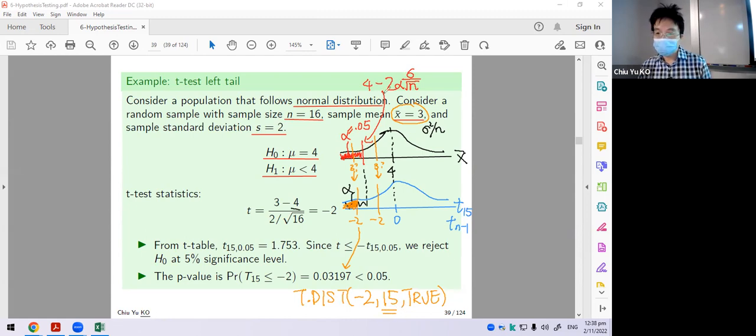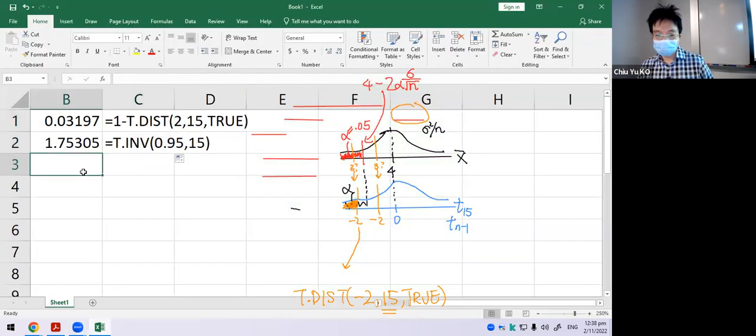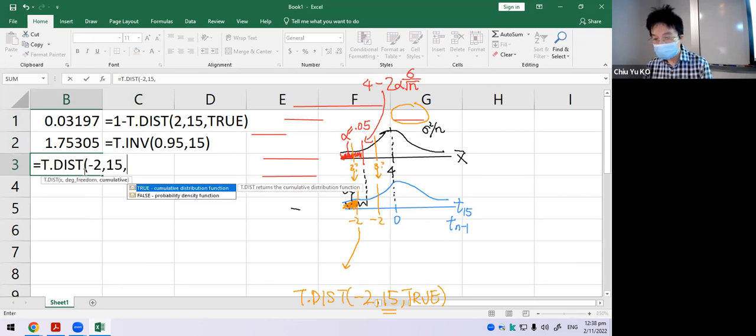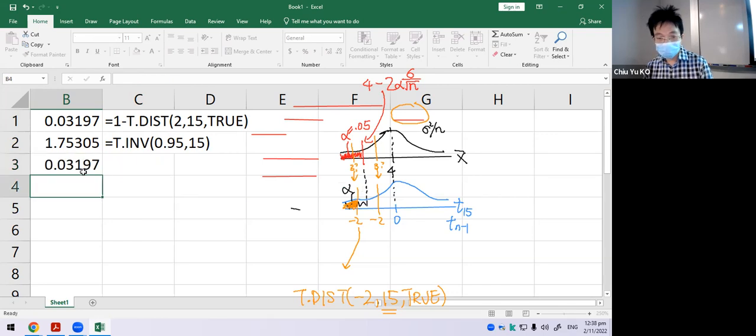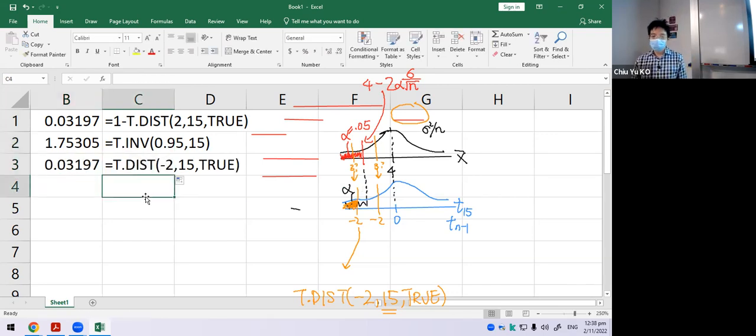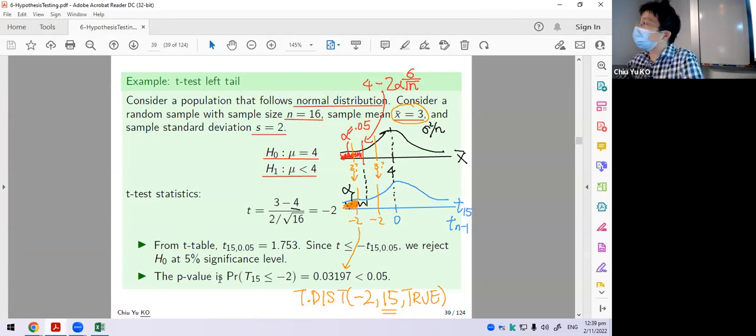Is that okay? So let me go to the Excel. That's t, this -2, 15, true. Okay. So that gives us 3%. So the 3% is less than 5%. If the 5% is what we decide, then we reject. And if we make it 1%, we don't. So that's how you get it. Is that okay for this one?